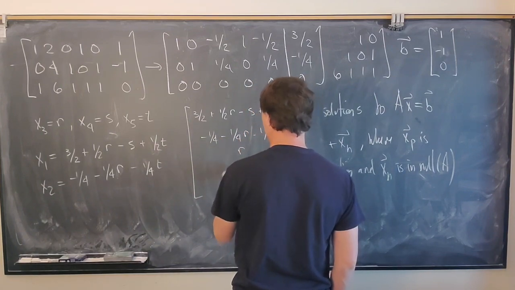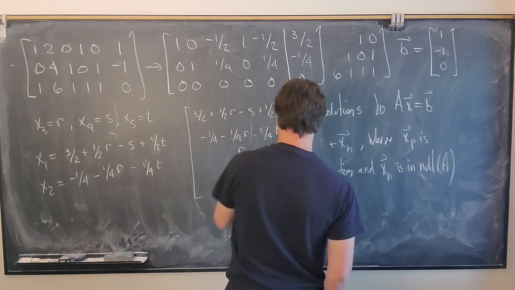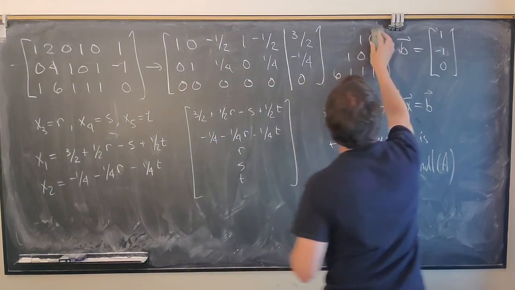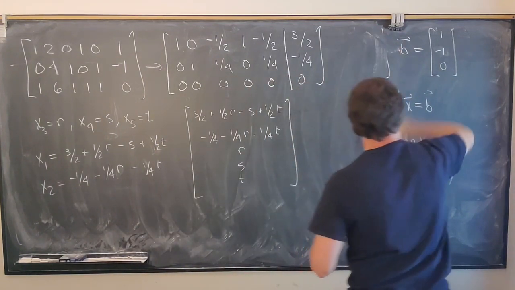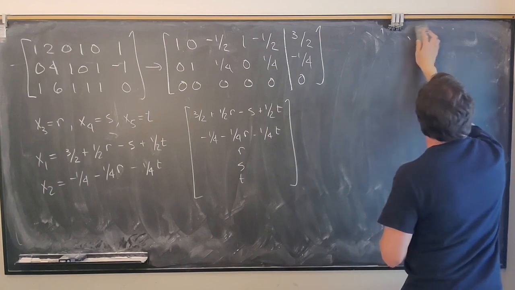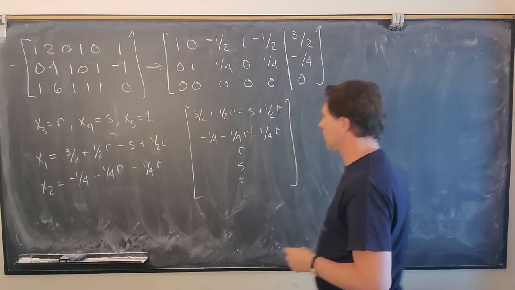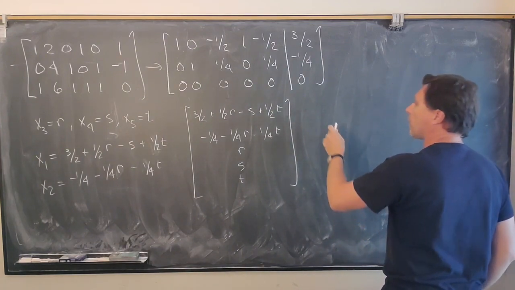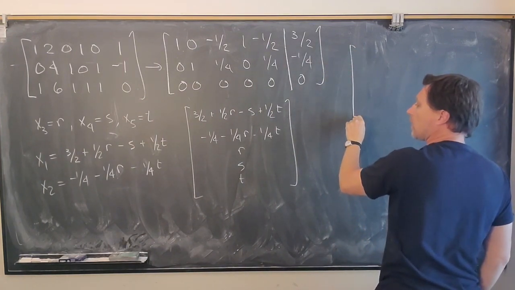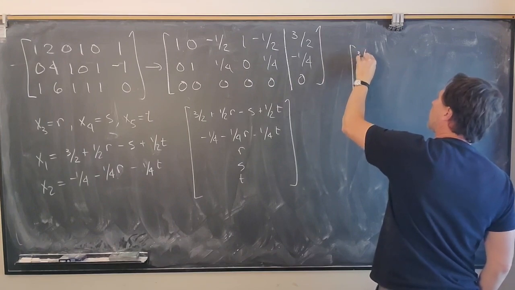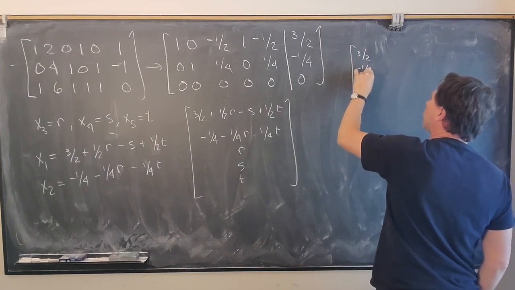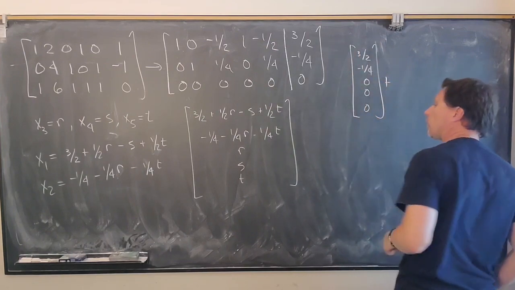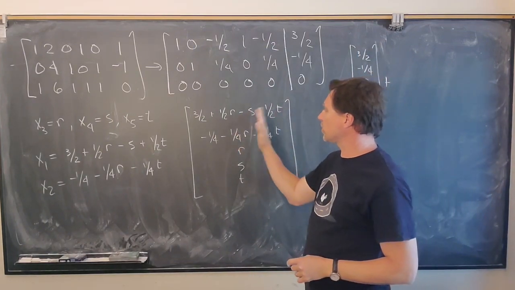Then we'll have an r, s, and t. And so now I'm going to split this up in the following way. I'm going to have 3 halves, minus 1/4, 0, 0, 0.